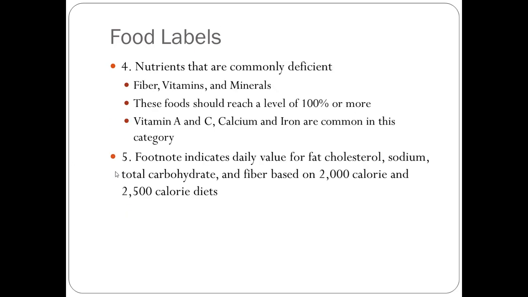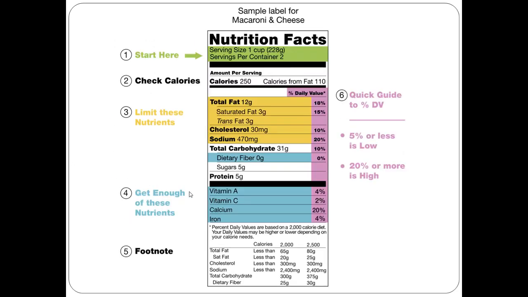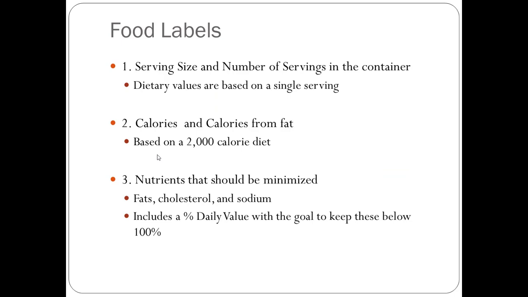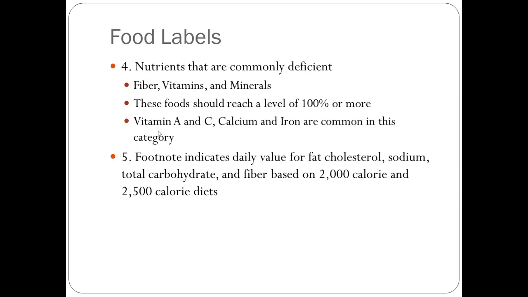And then the footnote. Is anything down here? I hope you can see my little mouse. I forgot to check that. But basically the daily value for fat, cholesterol, sodium, carbs, fiber, and they could break it up for a 2,000 calorie diet and a 2,500 calorie diet.